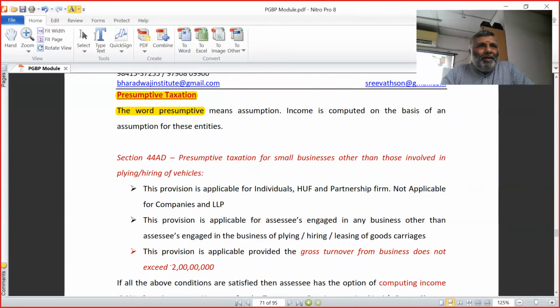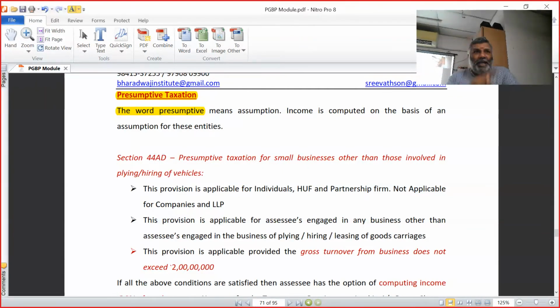For them, why put them in the cumbersome process of maintaining books, preparing, etc.? The lawmakers want to give them the benefit. They say, I will specify a percentage or a sum, declare that as income, no questions asked both sides. No questions asked both sides, you can go.